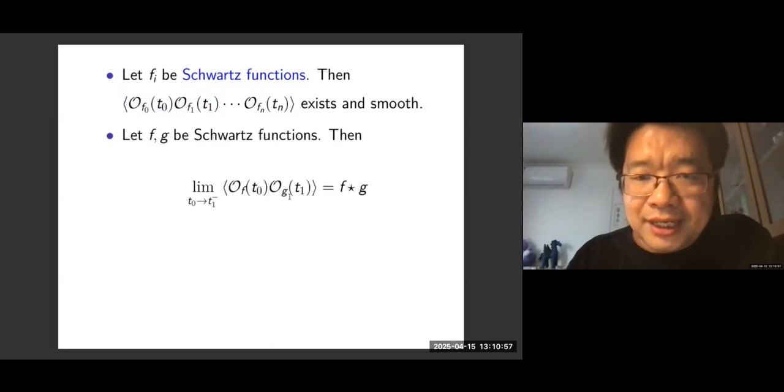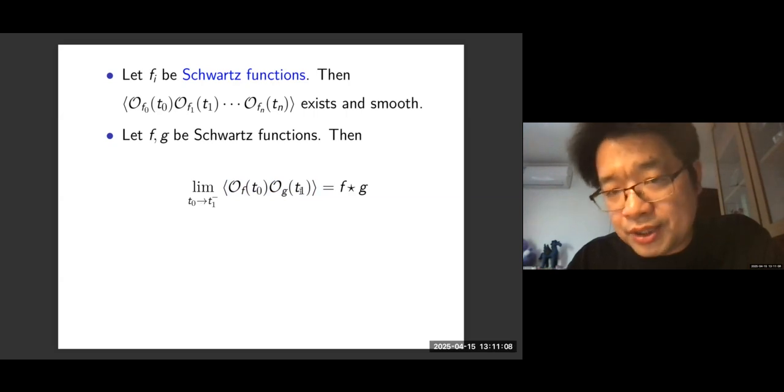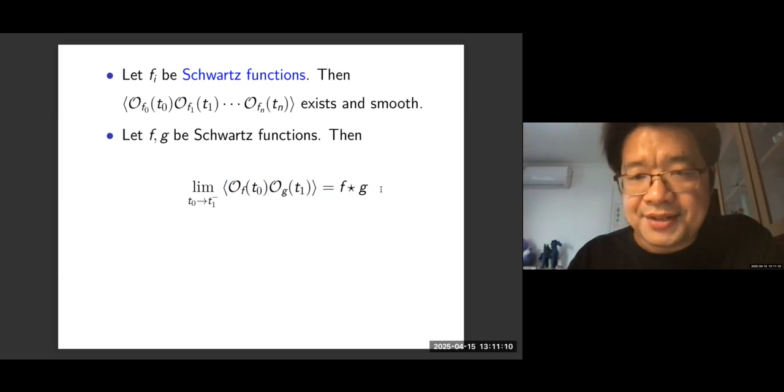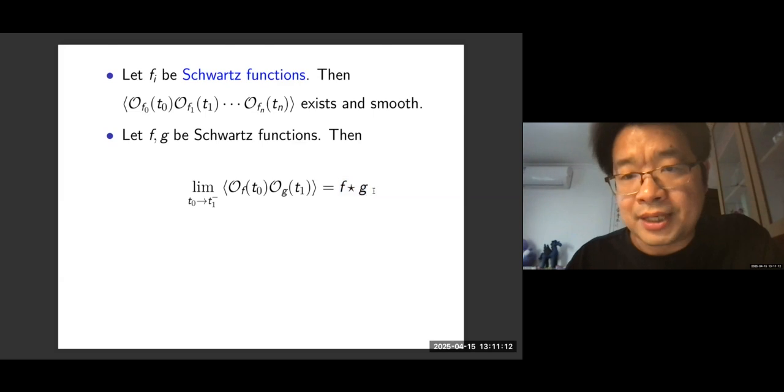If you calculate this two-point topological correlation for two functions, and they are very close to each other, let's say one point approaches the other point, then the limit is basically the Moyal product. That's a very standard thing you discover in quantum mechanics.